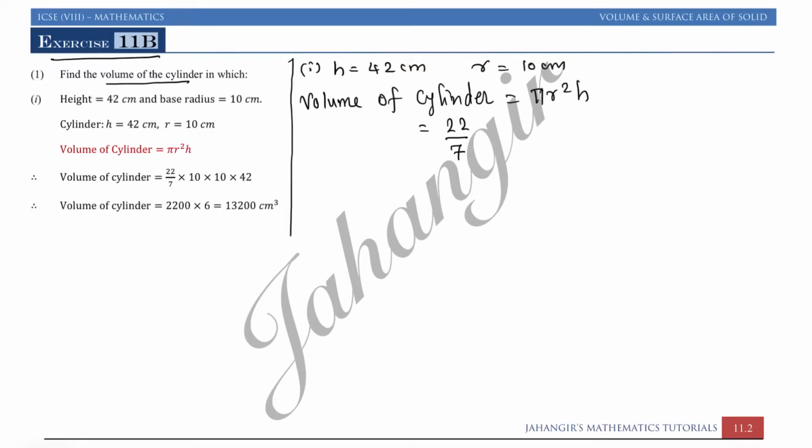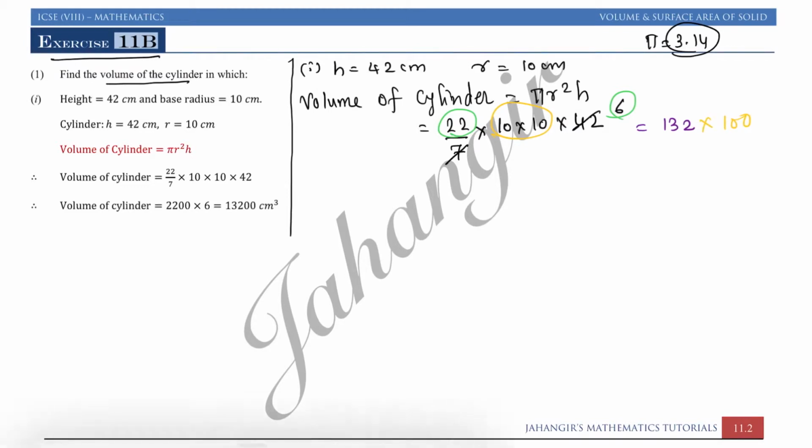Otherwise, if it is stated that pi is 3.14, then you can take 3.14. Whenever it is stated, then you can take it. Otherwise, take 22/7. The radius is 10 and the height is 42. So we will cancel out 7: 7 ones are 7, 7 sixes are 42. So 22 into 6 is 132, and then 10 into 10 is 100, so into 100.